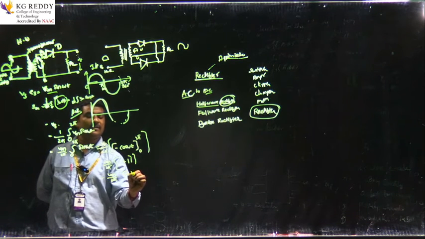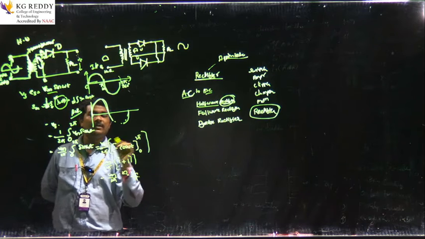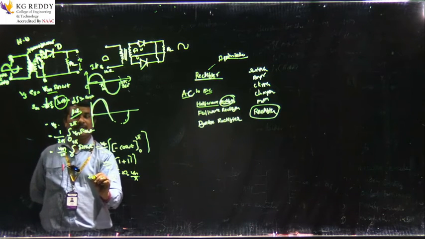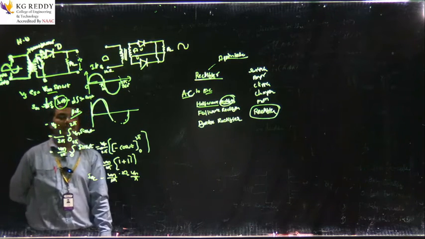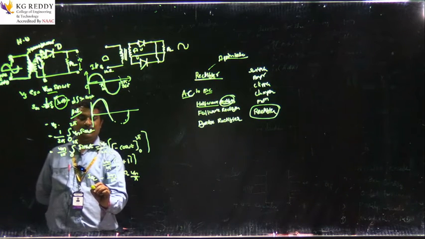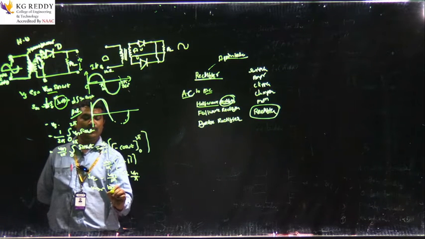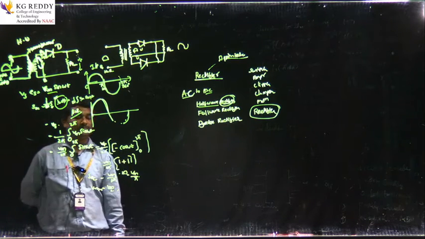The 2 gets cancelled. Finally, Vm by pi is the answer for IDC. IDC equal to Vm by pi. Similarly, Vrms equal to Vm by 2.